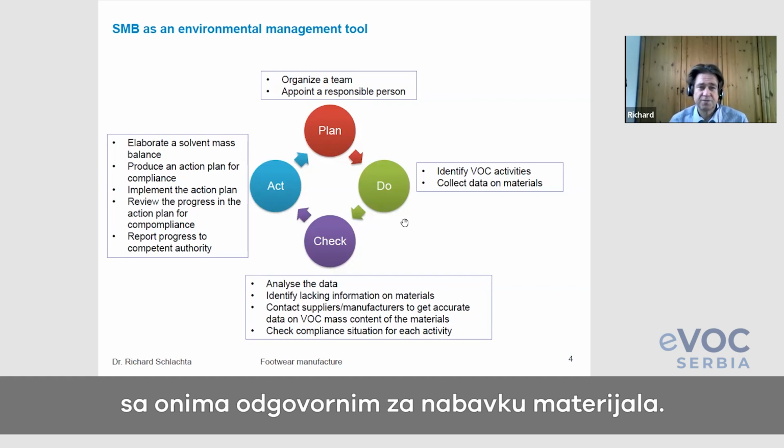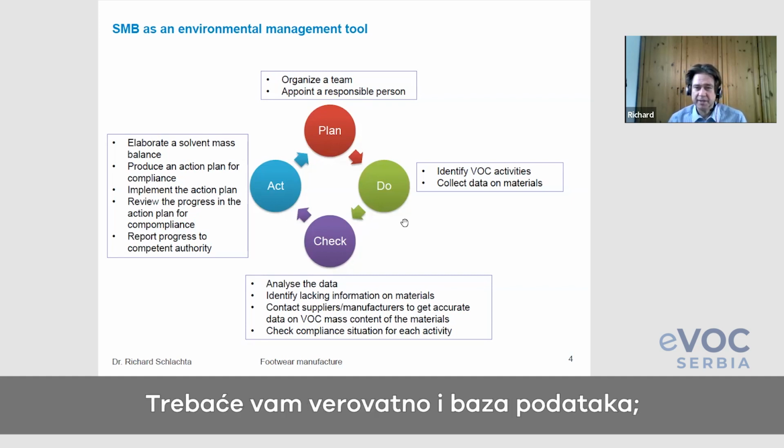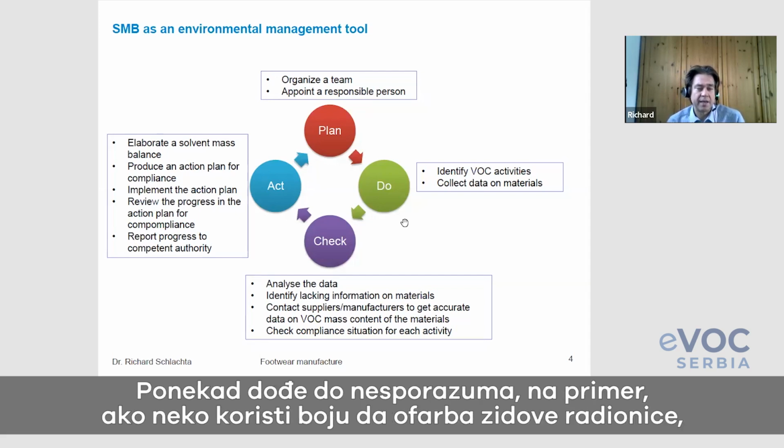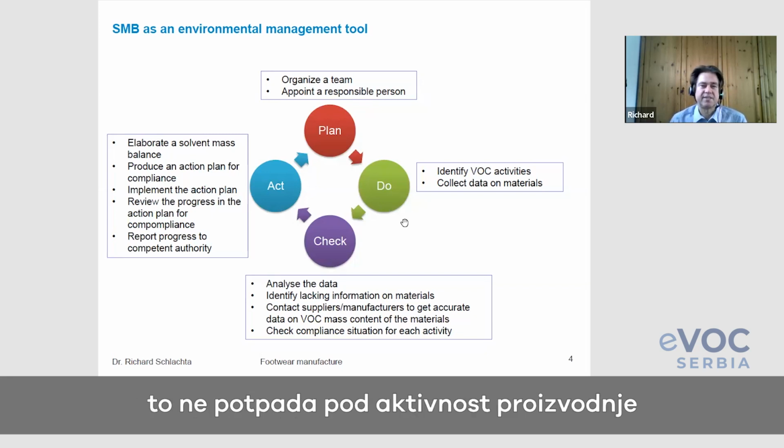the purchase of the materials, and you probably need something like a database. And then if you have all data, you must check and analyze how reliable they are. Maybe there are misunderstandings. For example, if somebody is using a paint for painting the walls of the working places, that does not fall under the VOC manufacturing activity.